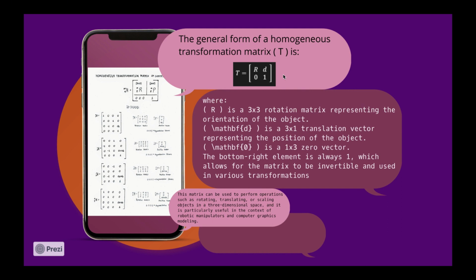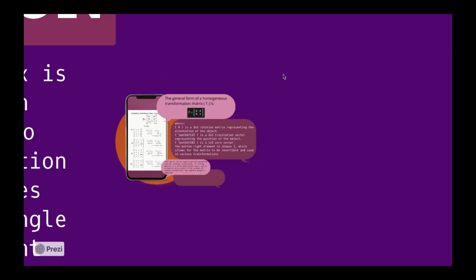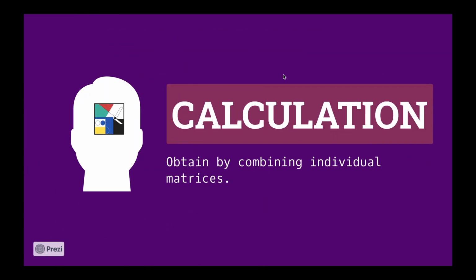This matrix can be used to perform operations such as rotating, translating, or scaling objects in a three-dimensional space, and it is particularly useful in the context of robotics, manipulators, and computer graphics modeling. Computing the homogeneous transformation matrices of a Cartesian manipulator in robotics involves representing the position and orientation of the manipulator in a compact matrix form.